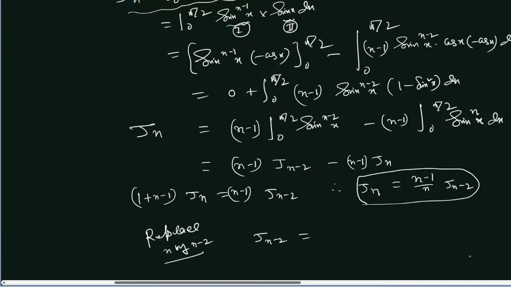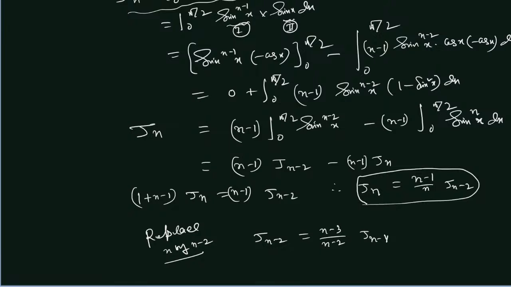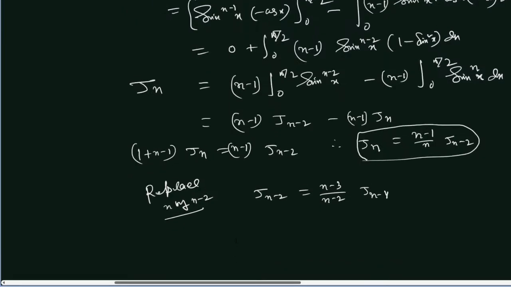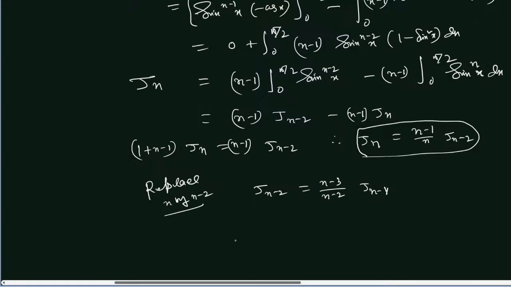So J(n minus 2) will be what? J(n minus 4). Again, you replace here or here. This is number 1. Number 2, replace. I need J(n minus 4).